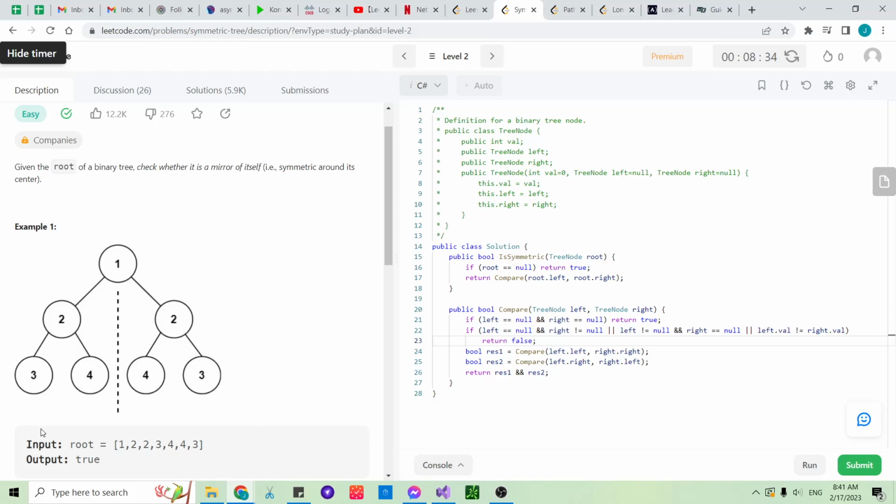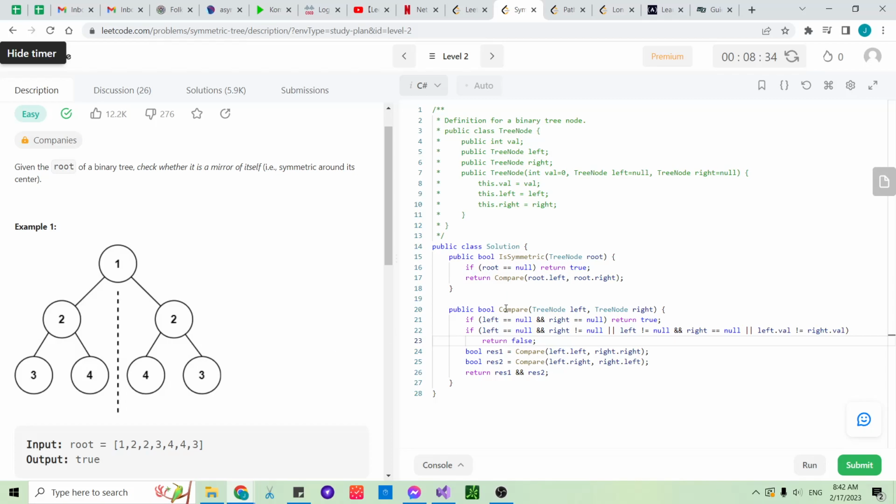I'm thinking that it's linear time, but I'm not very sure because recursive sometimes lead to a much worse time complexity. But in this case, it seems to be linear, O of n, to the number of nodes in the tree. That's what I'm thinking right now.